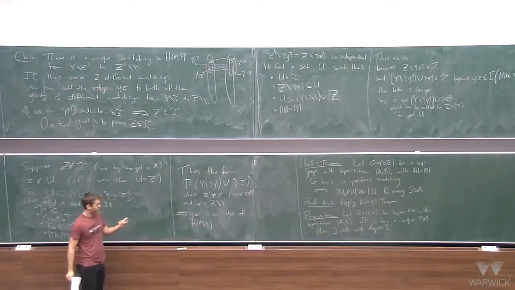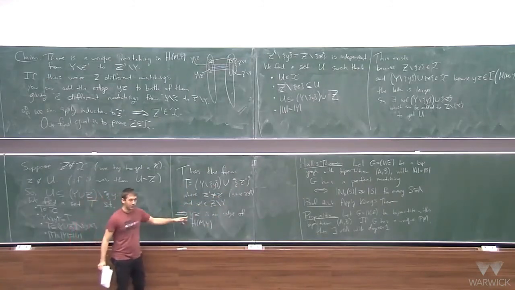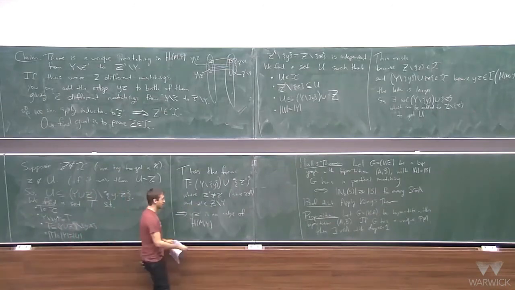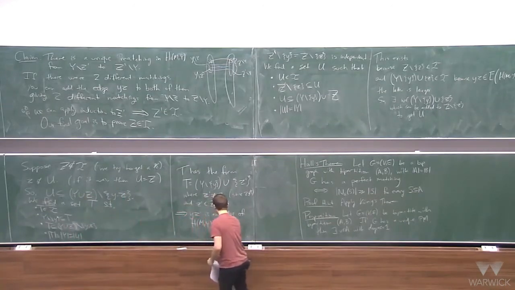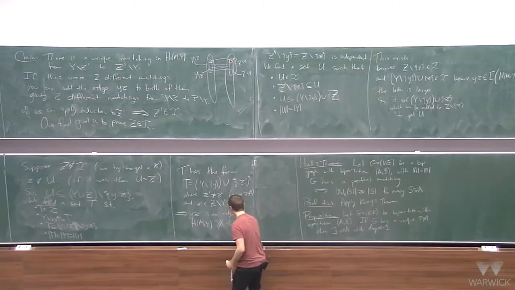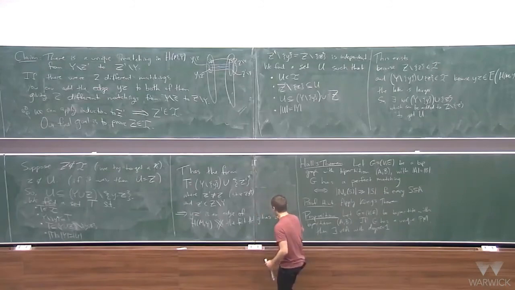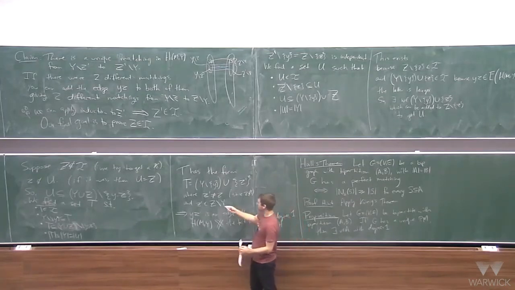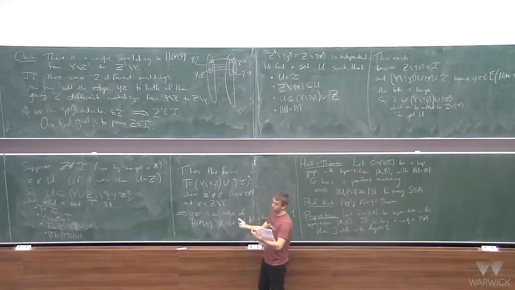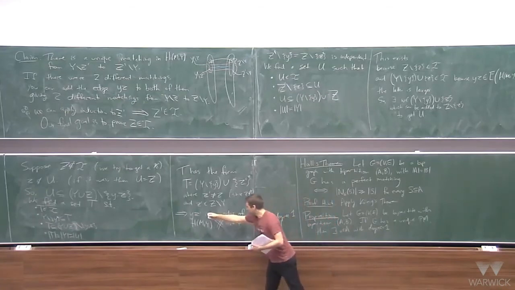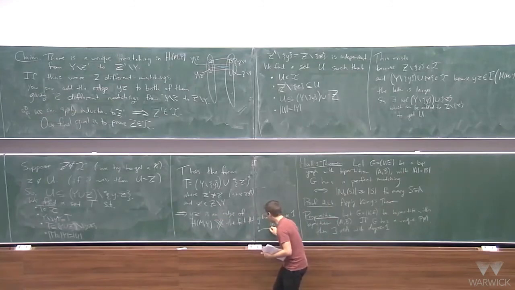But remember, y is supposed to have degree 1, right? So this contradicts the fact that y has degree 1 in the graph H prime, which is the subgraph induced by Y minus Z and Z minus Y. So what we found is that we knew that y had a neighbor z.